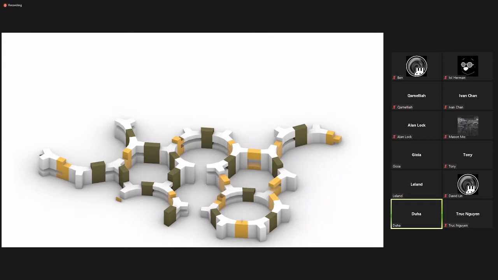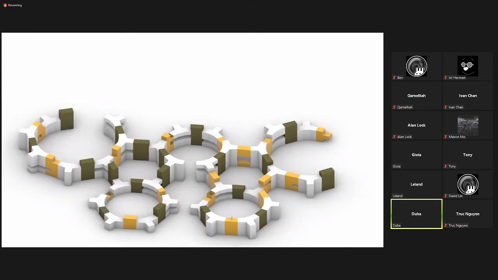So this is a low density, and this is how it's going to look if more people keep moving in and having more and more units installed.